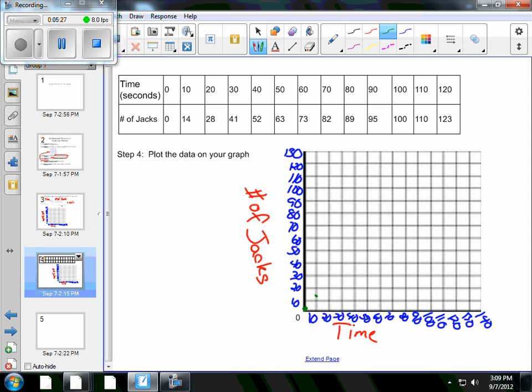Time 20, number of jacks is 28. Time 30, number of jacks was 41. Time 40, at 40 seconds, I did 52.